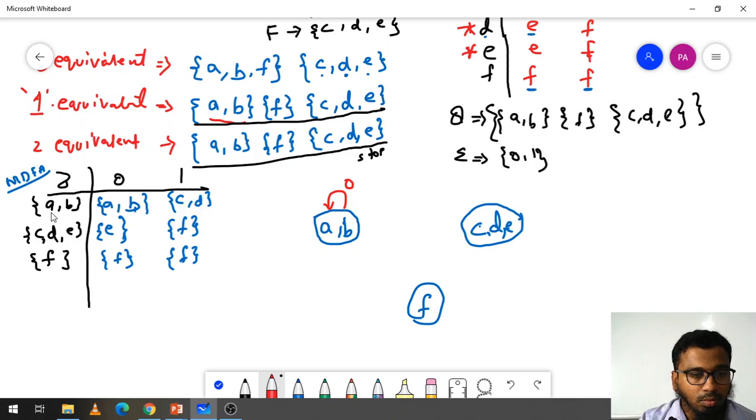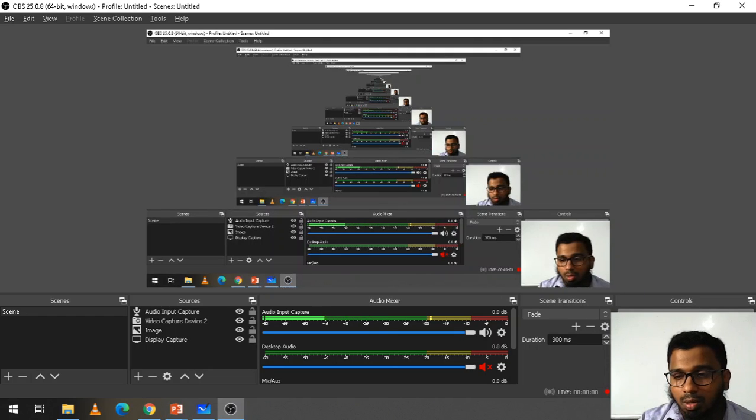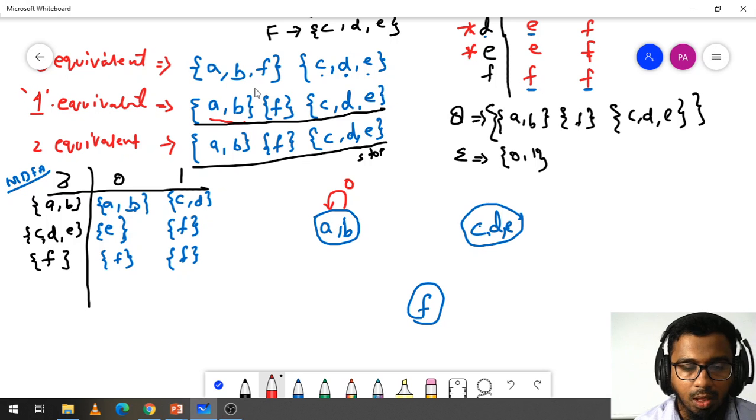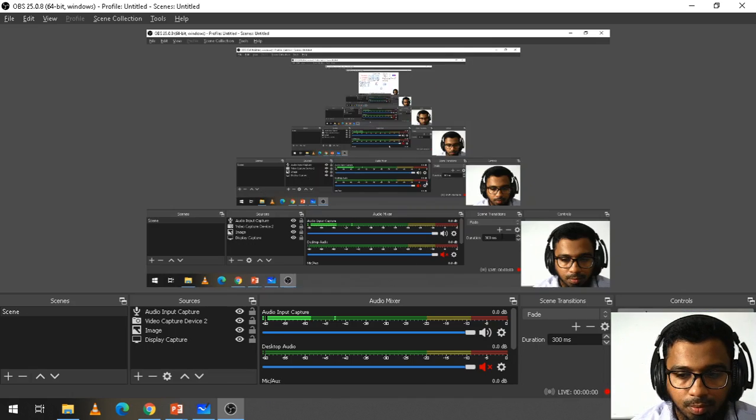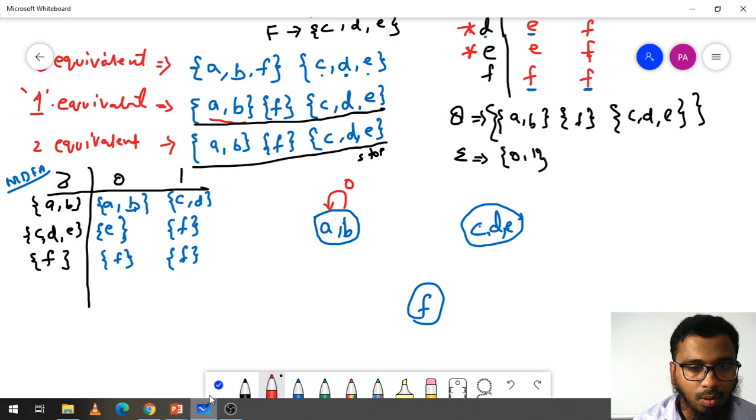Next, A, B on 1, where is it going? Here it should be C, D, E. Why do we need to take E also?